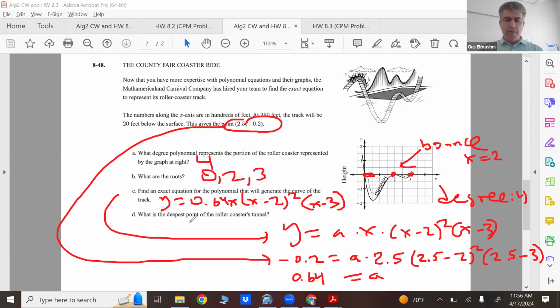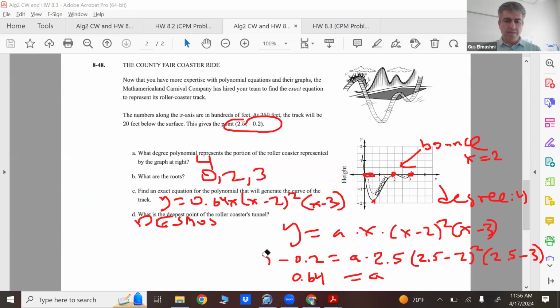And what is the deepest point of the roller coaster's tunnel? I guess I'd have to graph that. That's hard to tell. So now I'm going to go to Desmos. So that's a Desmos thing. Find the min.